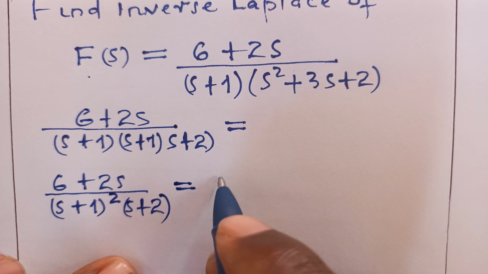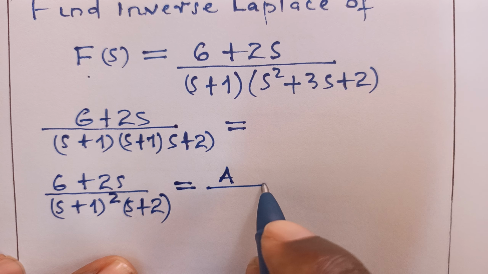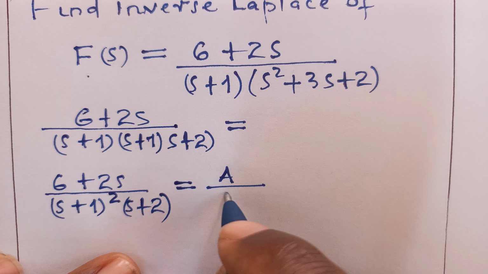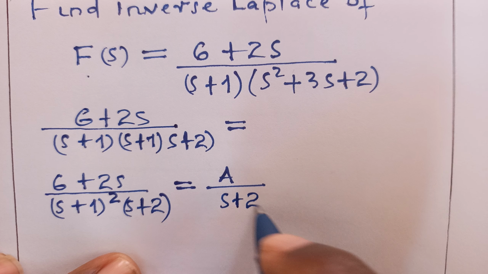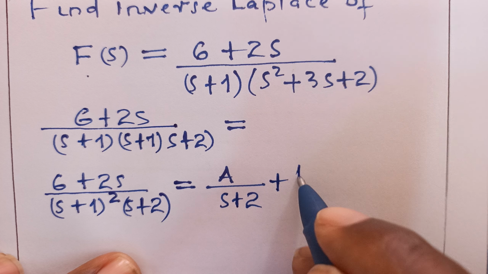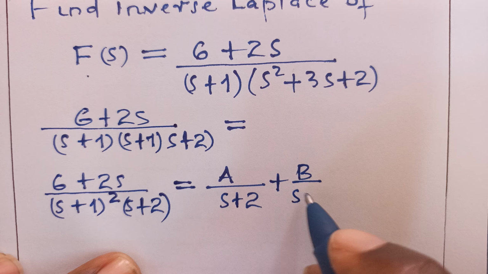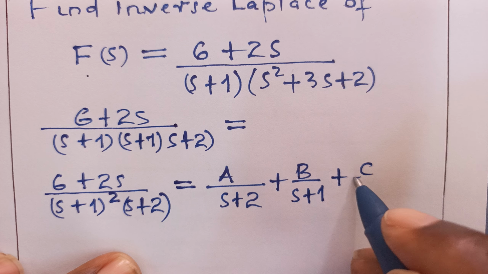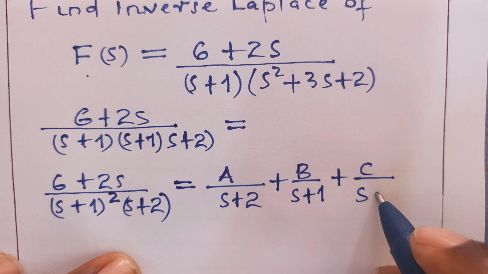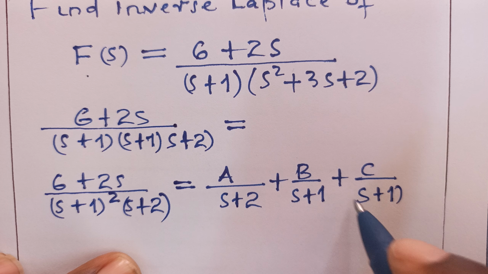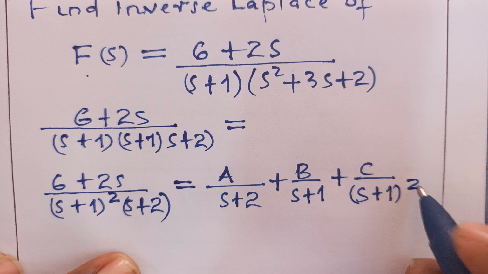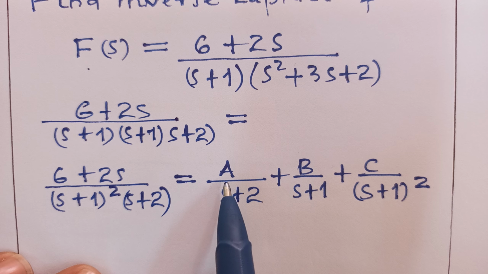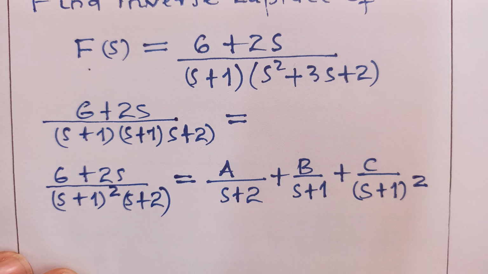So for this, you have A over s plus 2, plus B over s plus 1, plus C over (s plus 1) squared. So guys, that's what we have for the partial fractions. And now we come and find A, B, and C.